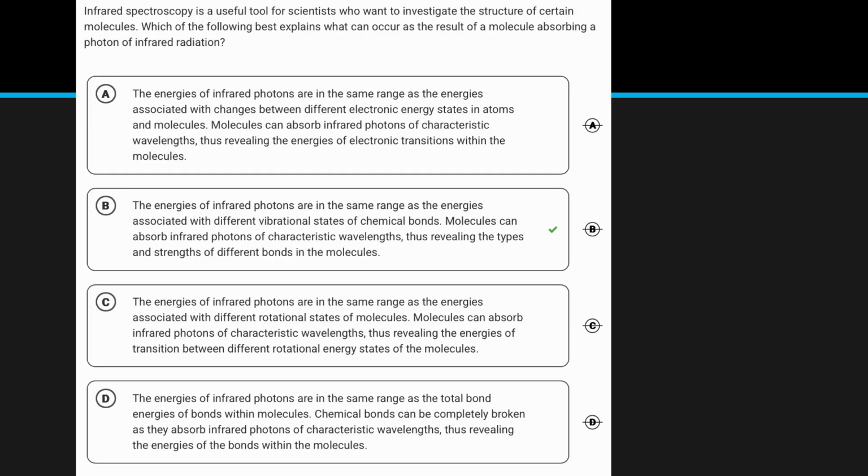So when you're looking at these options, you need to look for the word vibrational, and then if you have two options that talk about that, look for something having to do with bonds bending or stretching or moving in response to that light. So the correct answer would be B. Infrared photons excite molecules into different vibrational states, which is why IR spectroscopy is so useful for identifying bond types and functional groups.